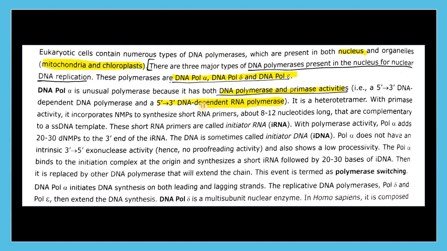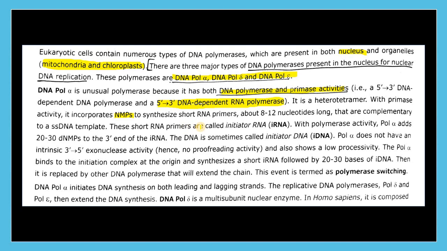This is important for primer formation because it utilizes the single-stranded template DNA and forms the RNA primers. It is a heterotetramer, and with its primase activity it incorporates nucleoside monophosphates to synthesize short RNA primers about 8 to 12 nucleotides long, complementary to the single-stranded DNA template.